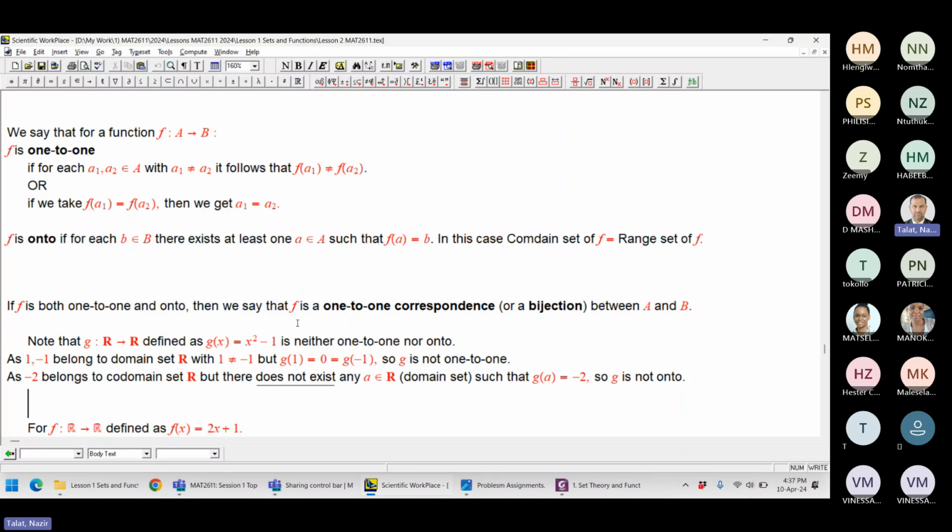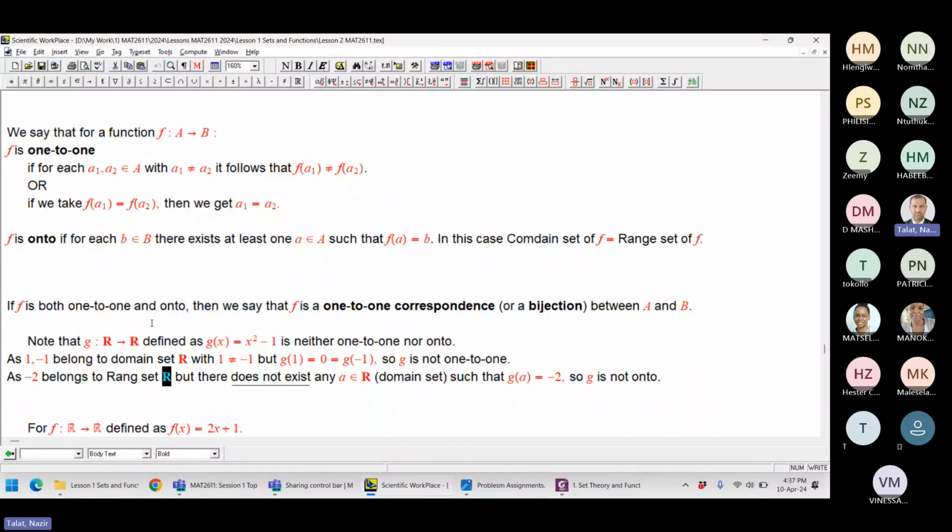And why is this function not onto? Remember that this range set is the set of all real numbers. So minus 2 belongs to the range set of f. If we say that the range set is R, minus 2 belongs to the range set, but there does not exist any a in R whose image is minus 2.